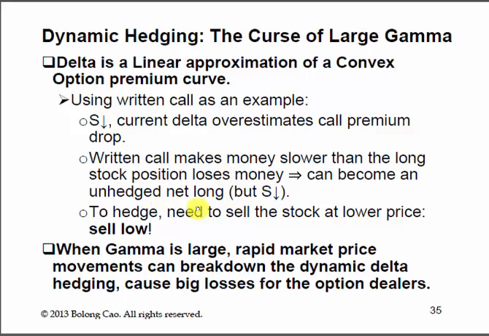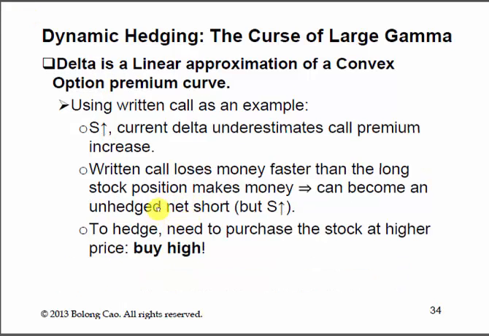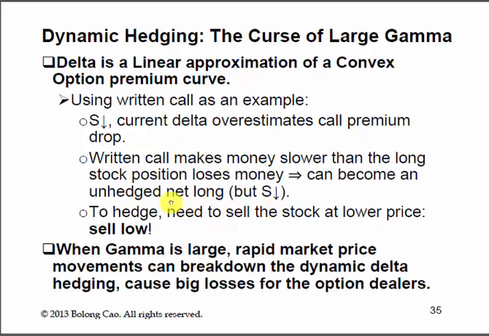So in that situation, when the underlying price is going down, it's not a good thing to have a net long position. Same situation as in the previous slides, right? As the underlying price goes up, if you have an unhedged net short, a short is losing money when the price is going up. It's not good to have a net short position when the price is going up. It's also not good to have a net long position when the underlying price is going down.